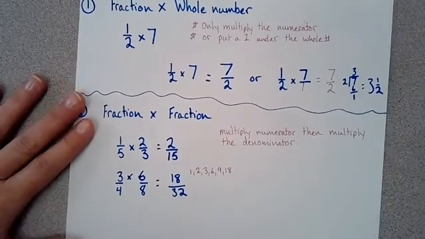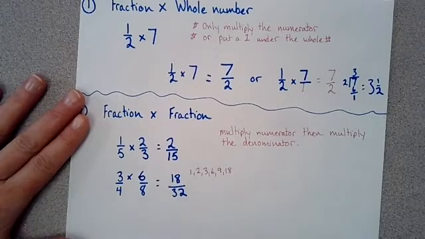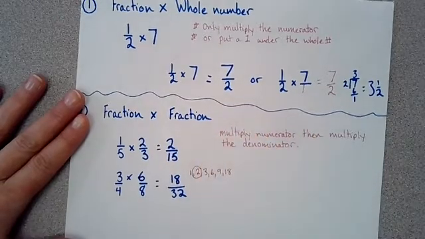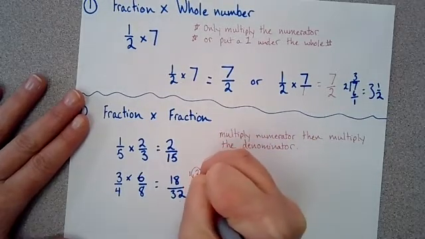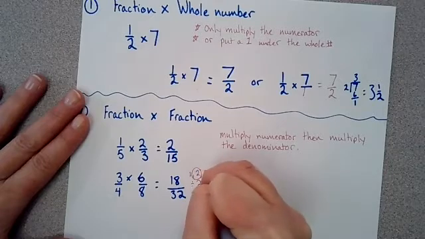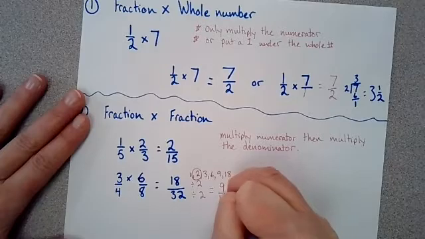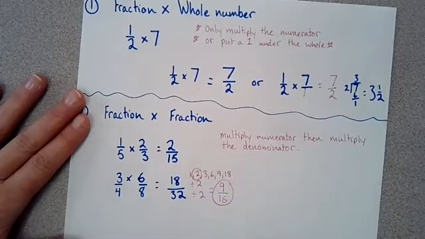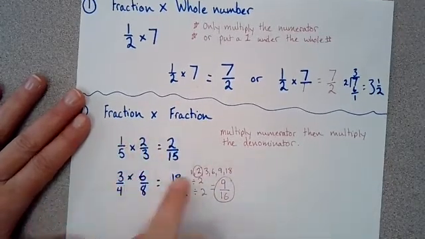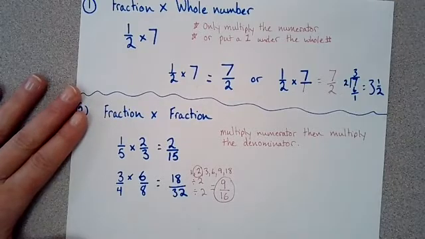So I'm looking at this, and I'm pretty sure that the biggest number that can divide into 18 and into 32 is, it's not 9, it's not 6, it's not 3, so I guess it's 2. Let's see what we get. 18 divided by 2, and then 32 divided by 2, so you would get 9/16, and there is your simplified fraction. So you just multiply the numerator, multiply the denominator, and then you simplify, okay?